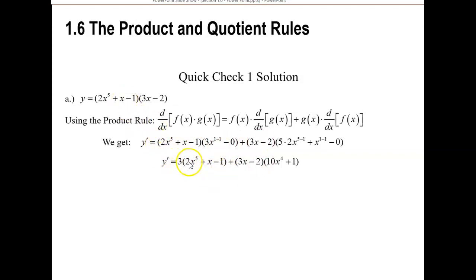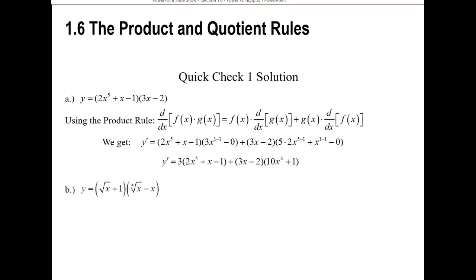So the first function, which is this, the derivative of the second function is just 3, because that's a 3 and that's a 0, plus the second function, which was this, times the derivative of the first, which is 10x to the fourth plus 1. Right, because that derivative is 0. So that's your answer. Then the don't simplify part means don't distribute and FOIL and combine like terms. Just stop there.